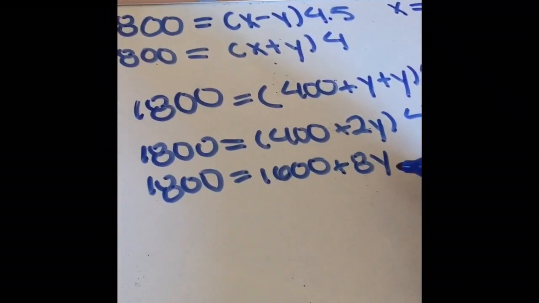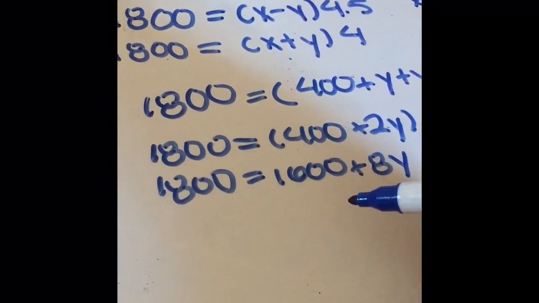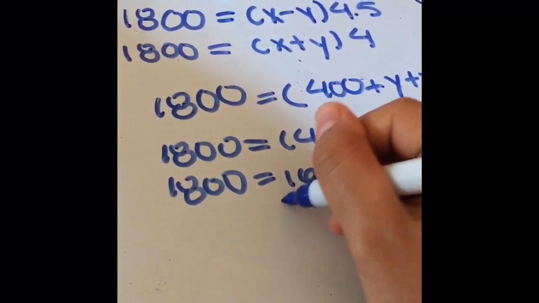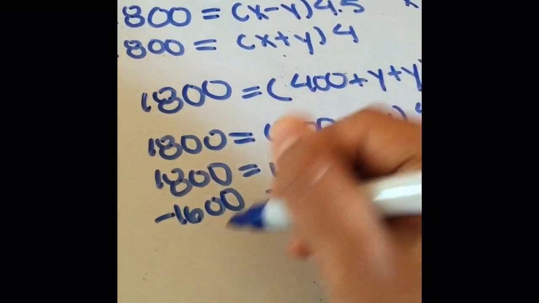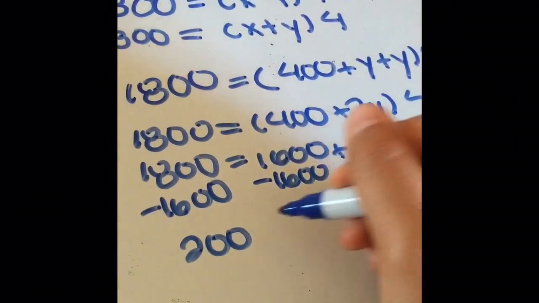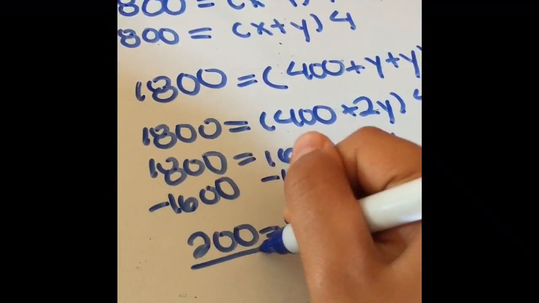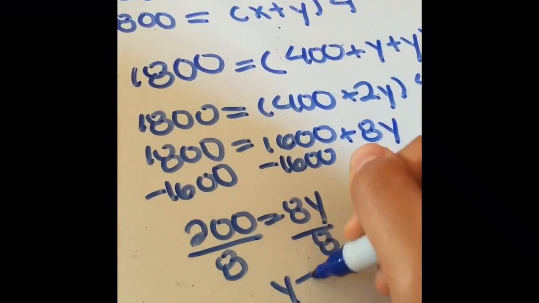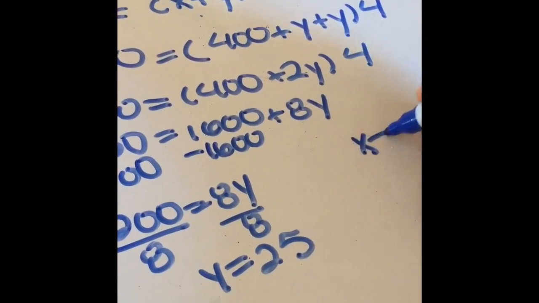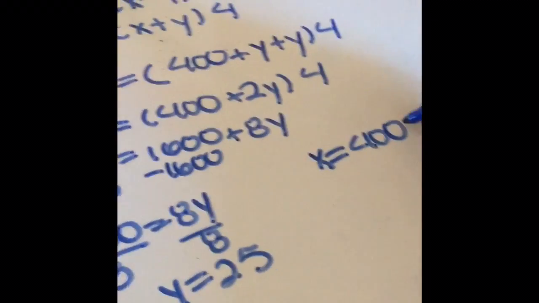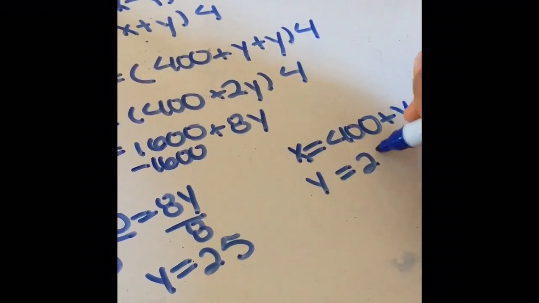Now we want to get the y alone, so we do that by subtracting 1,600 from both sides and then dividing by 8. So we get 200 equals 8y, and then we divide that by 8, and then y equals 25. So now we have x equals 400 plus y, and y equals 25 as our two equations.